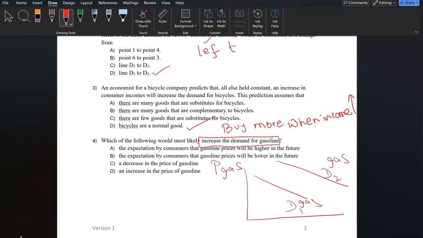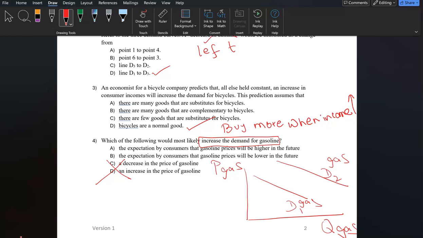We have the price of gas here, we have the quantity of gas here. These two, C and D, I can strike those out. Those are not my possible answer choices. It's because nothing really happened to the price of gas. It's going to be either A or B.